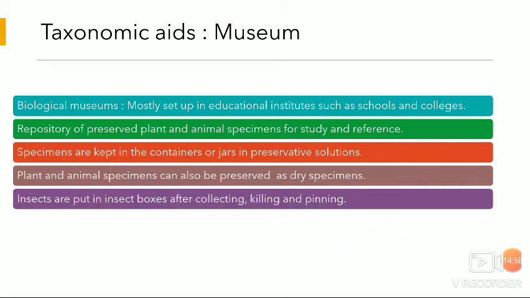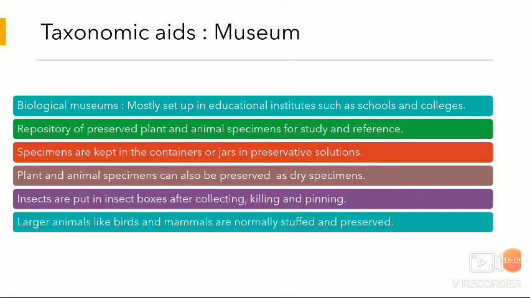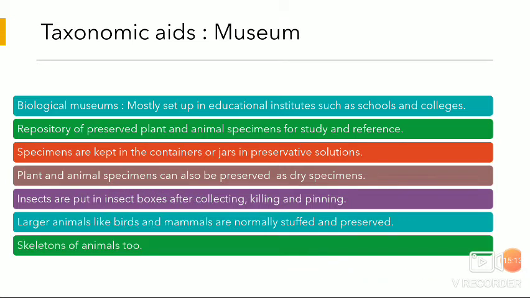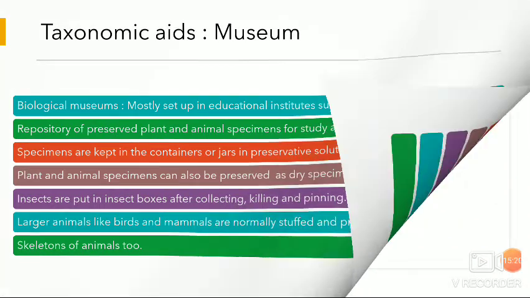Insects are put in insect boxes after collecting, killing and pinning. Larger animals like birds and mammals are normally stuffed and preserved. Skeletons of animals are also kept in museums, so they can help in studying the skeleton.